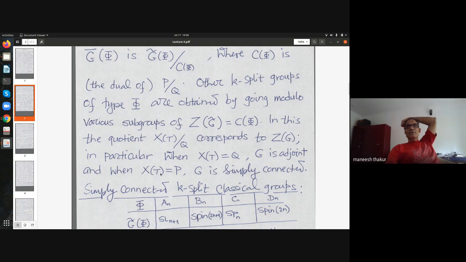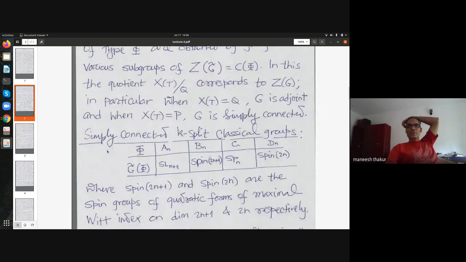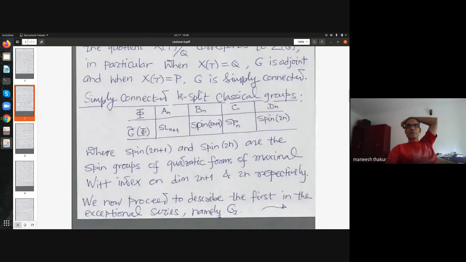When X is equal to P, you get the simply connected group, because as I said, P mod X is the fundamental group, so that becomes trivial and you get the simply connected group of type phi. So this is roughly the discussion for split groups.